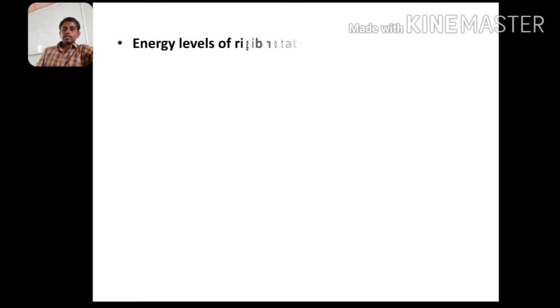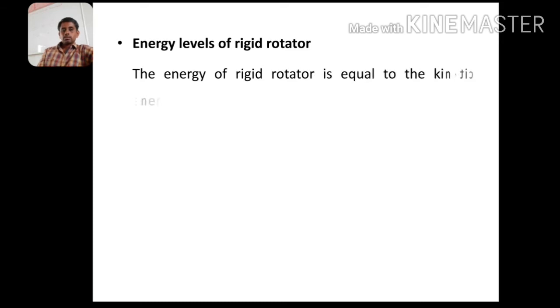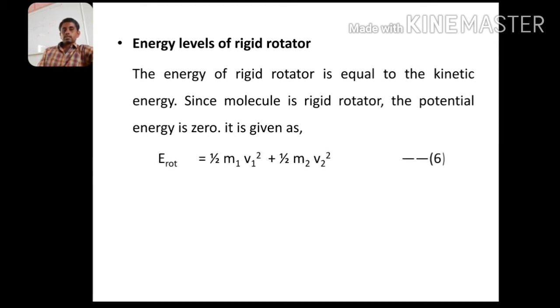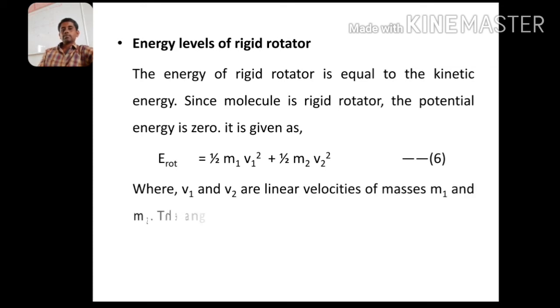Now we will see the energy levels of the rigid rotator. As we know, the molecule is rigid, its potential energy is 0 and the energy of the rigid rotator is equal to the kinetic energy. Hence, E rotational, that is rotational energy, is equal to half m1 v1 square plus half m2 v2 square. This is equation number 6, where v1 and v2 are the linear velocities of masses m1 and m2.